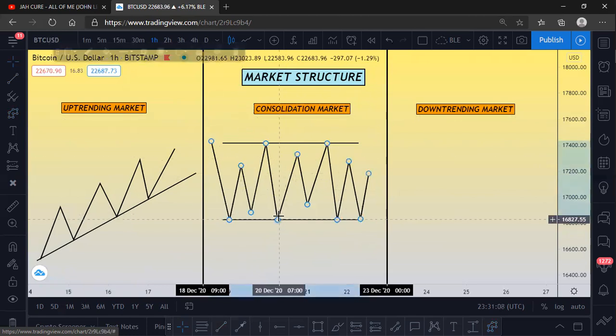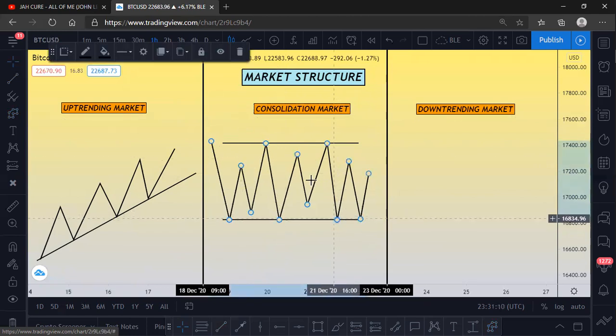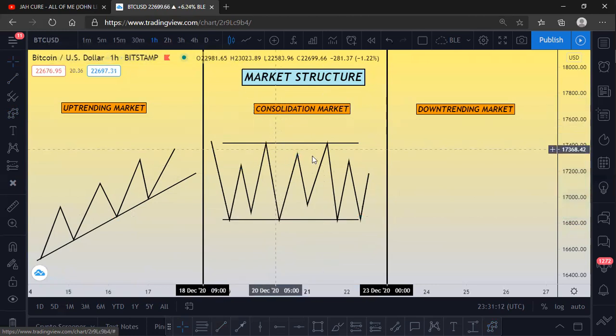Yes, correct, between the resistance and support. So this is a consolidation market. You don't even know which direction price is going. It's like it's confused.